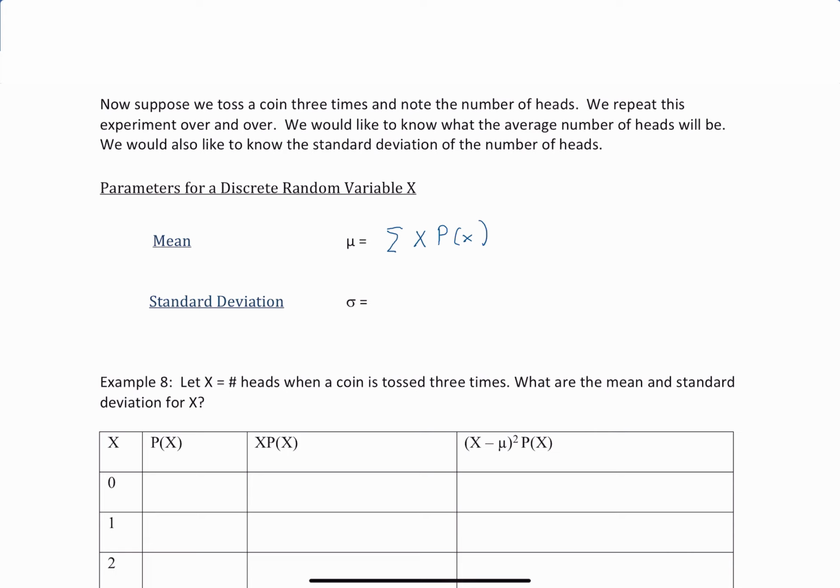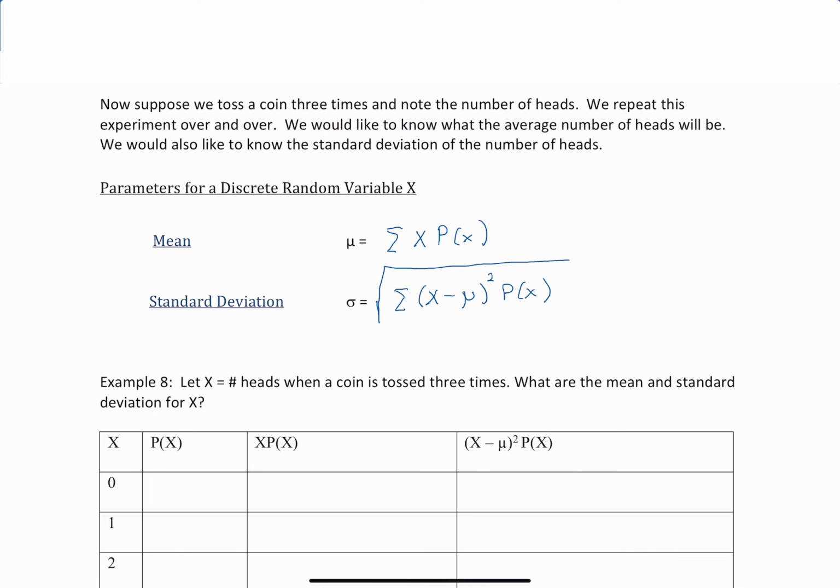For the standard deviation, we have to know the mean first, and what we do is we take the difference between each x value and the mean, we square that difference, then we multiply that square by the probability of the x value, we add all those up, and the last thing we do is take the square root of all that.